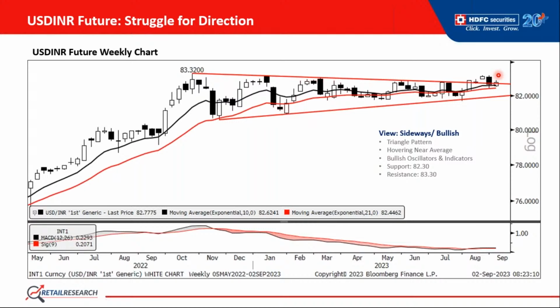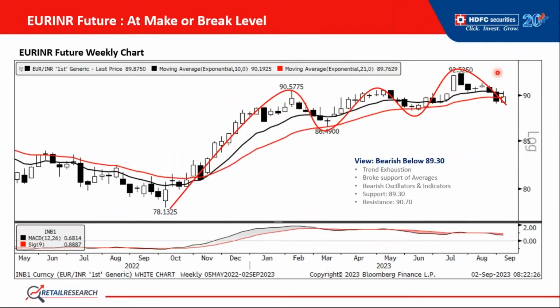Though we are not that bullish, one can expect 83.30 could be the level where RBI may again start intervening, and as we have huge forex reserves, there are chances that we may not see big depreciation in the rupee. 83.30 could be the level where the RBI may come, while on the downside 82.30 will be the support line.